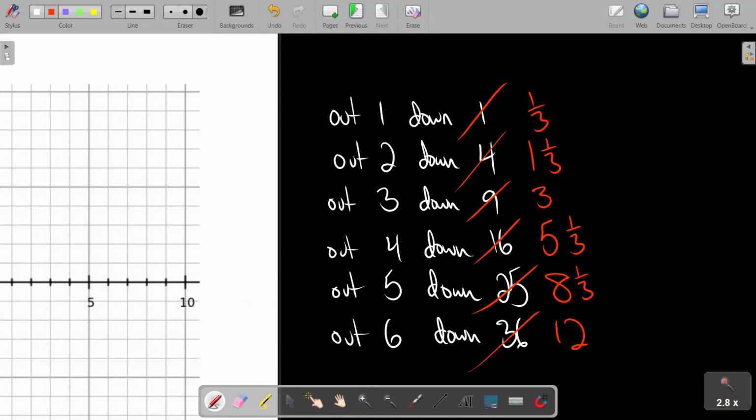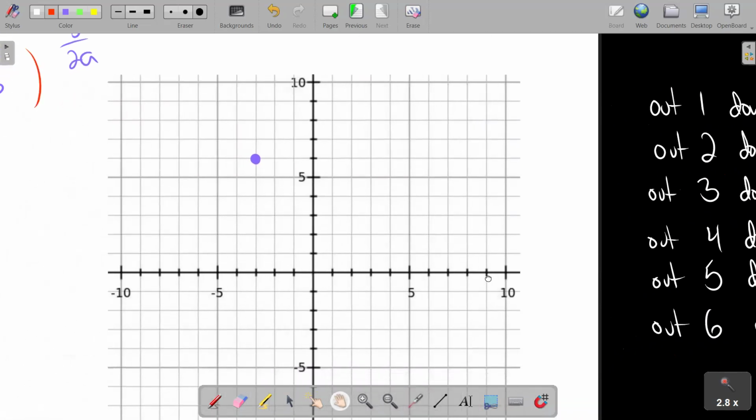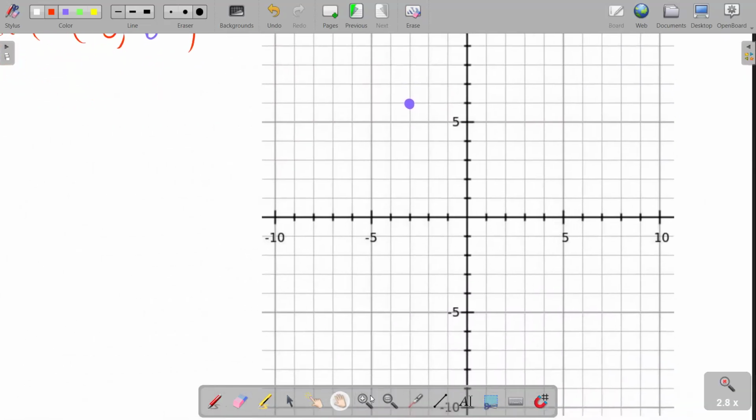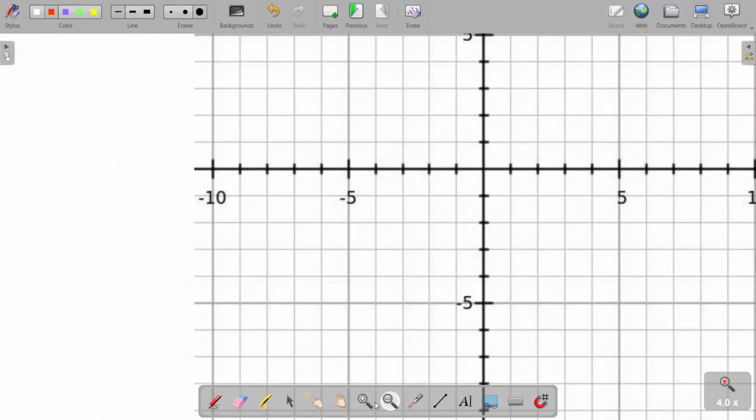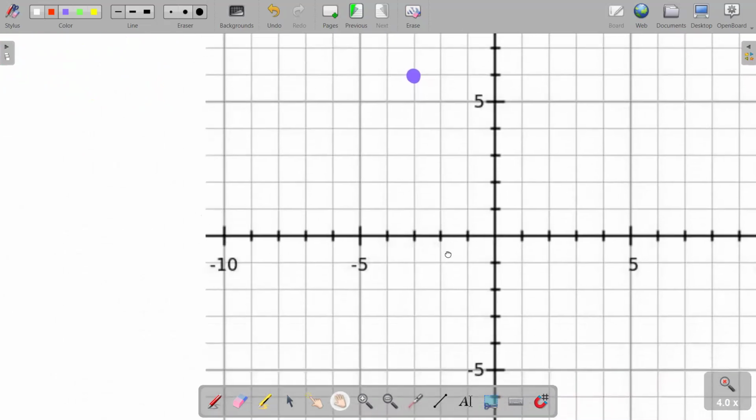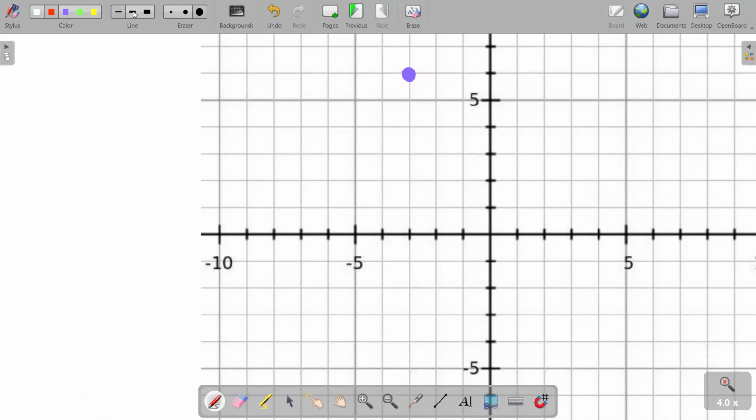All right, let's get back to it. Let's go finish our points. And so remember those numbers as I zoom in on this and we make some downward facing points. So here we go. When I go out 1, how far down do I go? A third, which I want to be aware that I don't want it to look like I went down halfway. I want to make it look like it's less than half because a third is, of course, less than half, right?